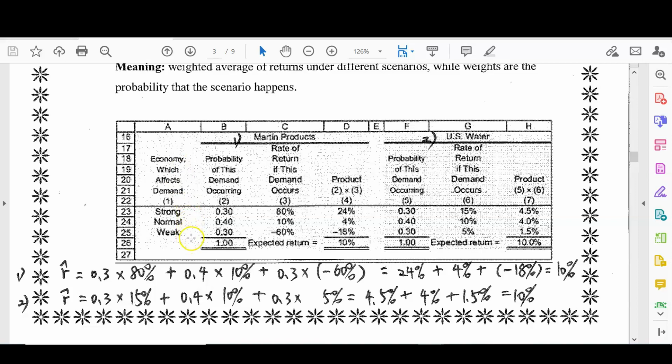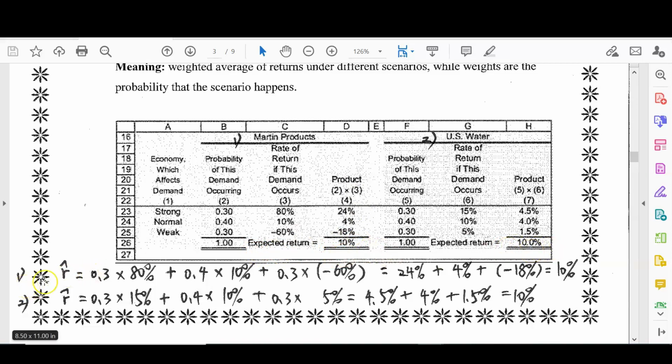And for each scenario, we have the probability of 0.3, 0.4, and 0.3. All the probabilities add up to 1. And in each scenario, we know the rate of return of each firm. So we can use the 3 probabilities multiplied by 3 returns.